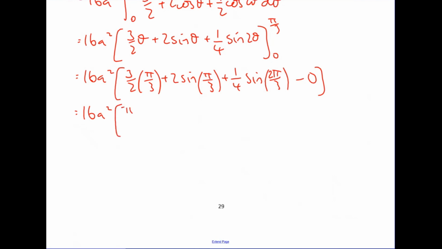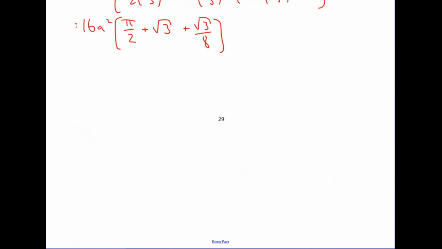So I get pi over 2 from 3 over 2 times pi over 3. Sine pi over 3 is root 3 over 2, and multiplied by 2 gives root 3. Sine 2 pi over 3 is also root 3 over 2, times a quarter, root 3 over 8.